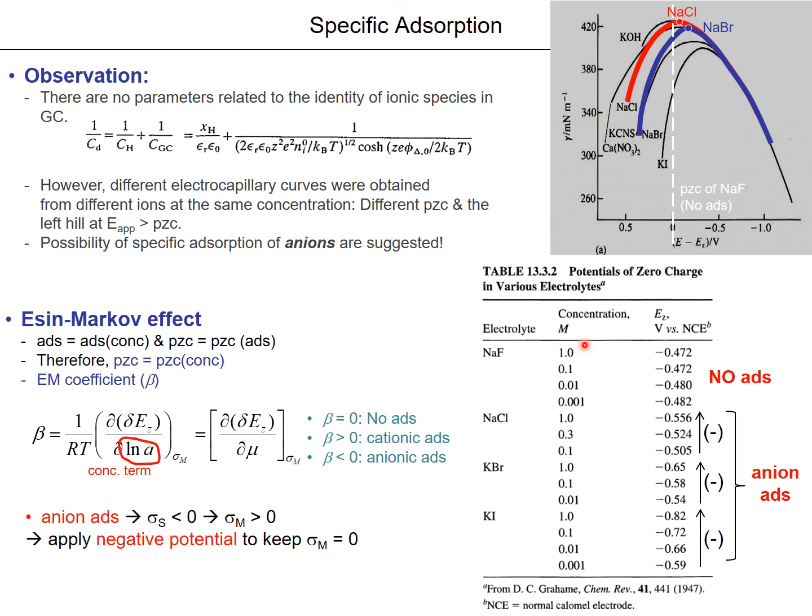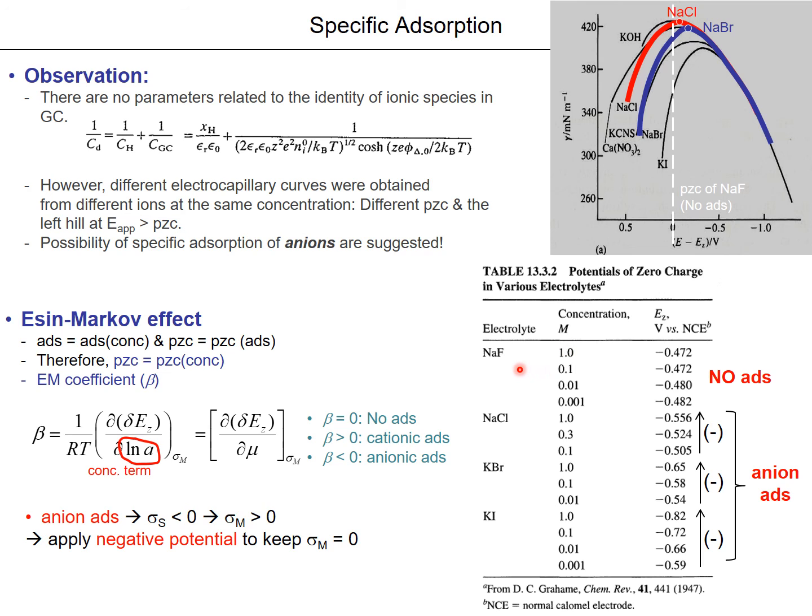Here are the potentials of zero charge in various electrolytes. First sodium fluoride, where I have changed the concentration from 0.001 to 1.0. It means the concentration of anion is changing.